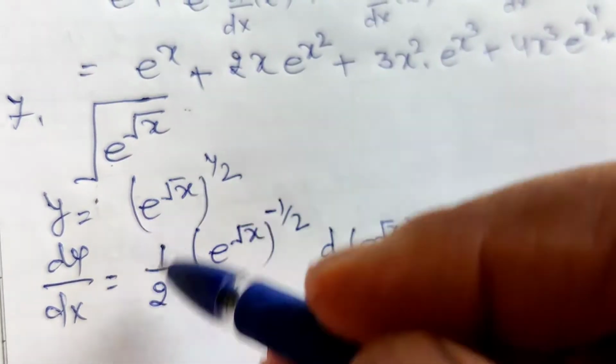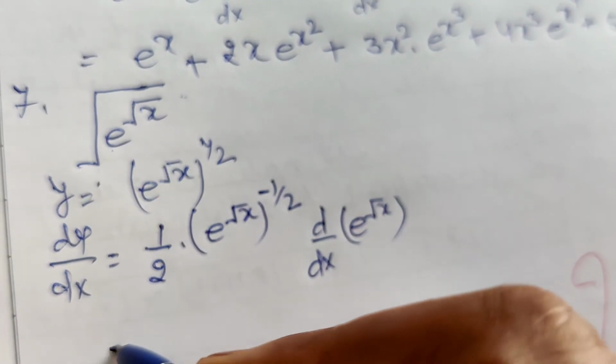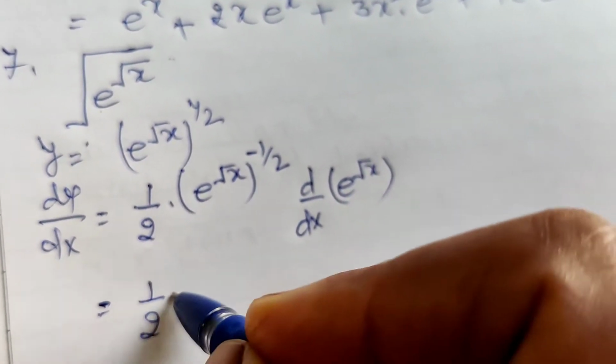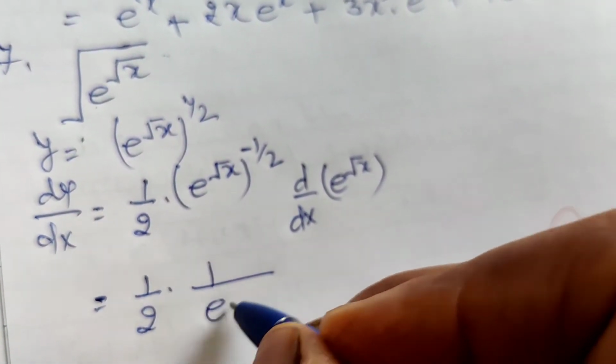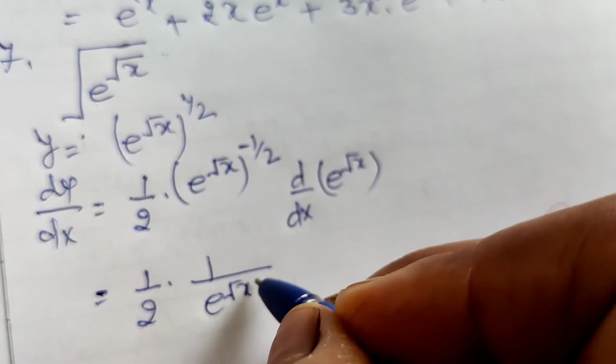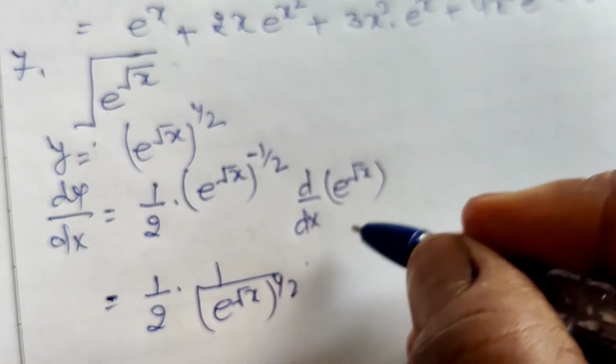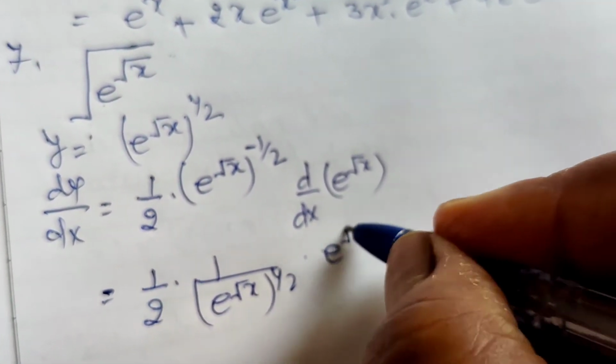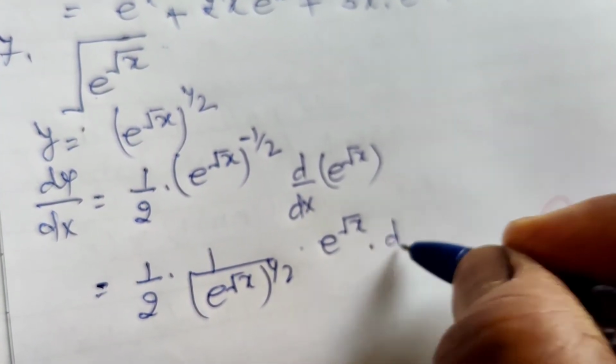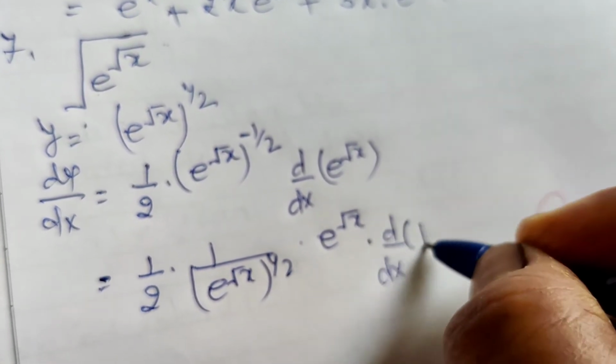Okay, the first part by applying chain rule, 1 by 2 upon e raised to power root x raised to power 1 by 2. Now e raised to power root x differentiation is e raised to power root x and differentiation of root x.